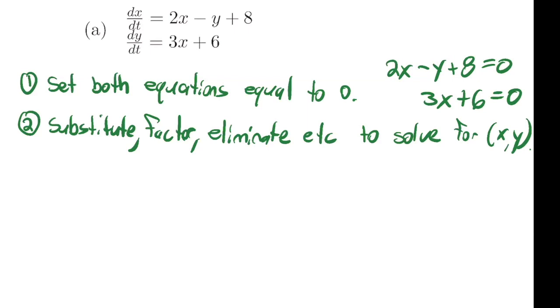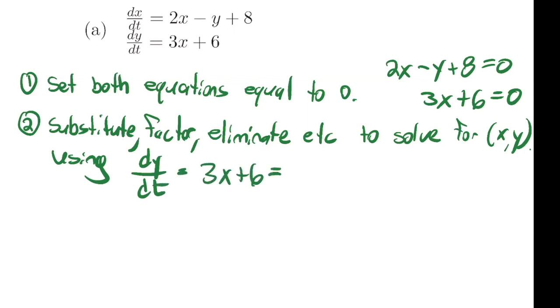Since there's no y term in the second one, why don't we just solve for x and then put it into the first? Yes, using the equation for dy/dt, that would give us x is minus 2.